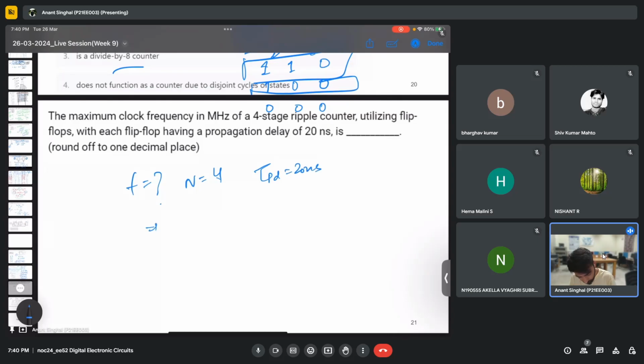So you can again do this by this. You can do it at home also. This is very quick. So this will come out to be 12.5 megahertz.